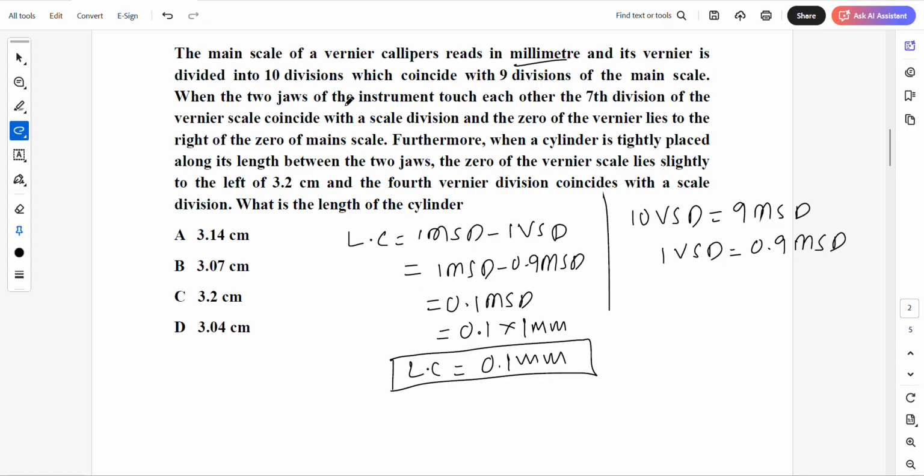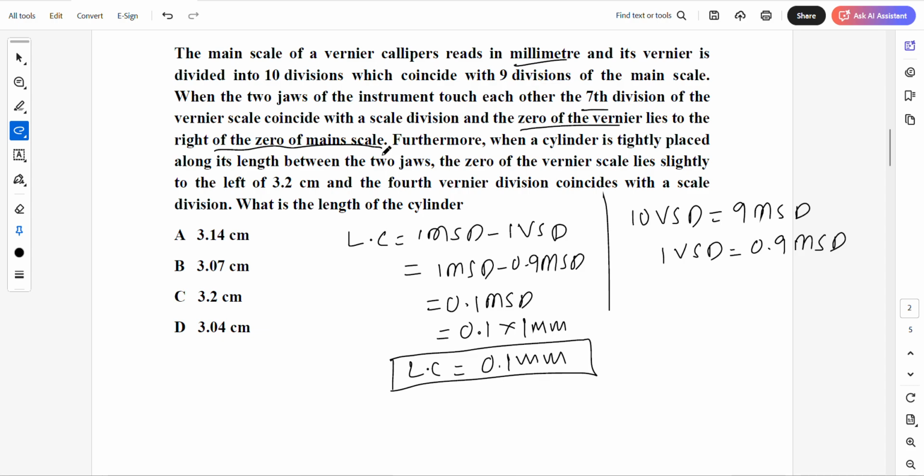When the two jaws of the instrument touch each other, the 7th division of the Vernier scale coincides with a scale division, and the 0 of the Vernier lies to the right of the 0 of the main scale.